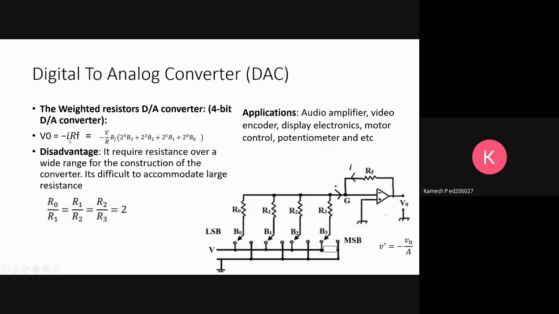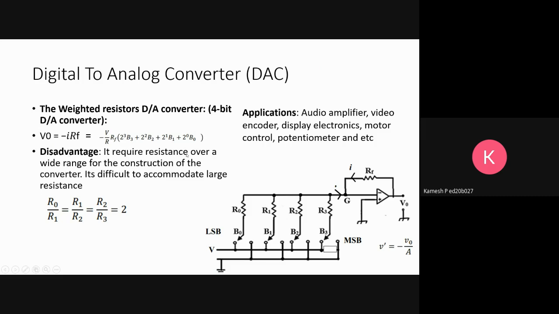So the formula is V naught is equal to minus V by R into RF into 2 cube B3 plus 2 square B2 plus 2 power 1 B1 plus 2 naught B naught. This is the calculation method, and as B naught, B1, B2 or B3 is 0 or 1, it changes the value of V naught.